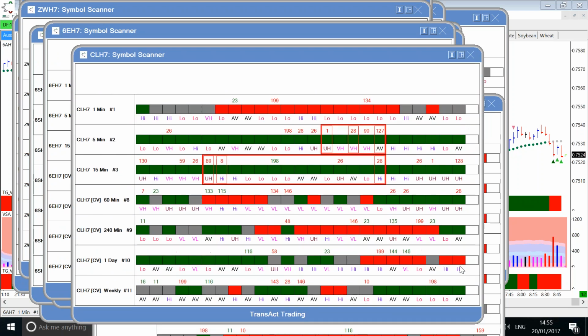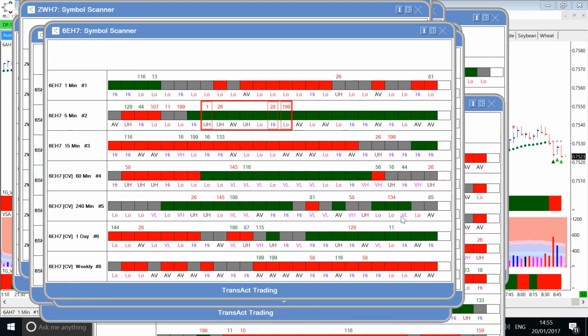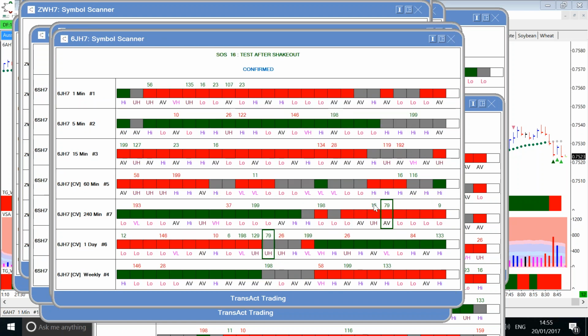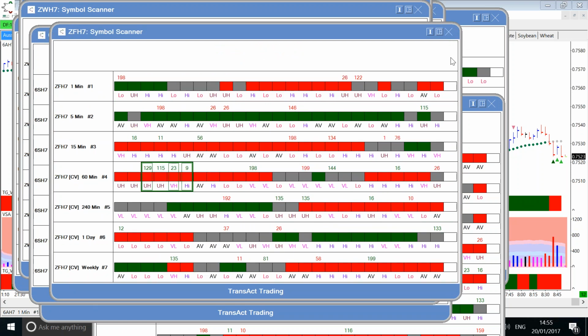Crude oil, again very mixed. Euro: look, mess. Don't even touch it. That's what it's telling me: grey, green, red. That's a Christmas tree. Don't touch it. Nothing there. Japanese yen: horrible. Nothing there.